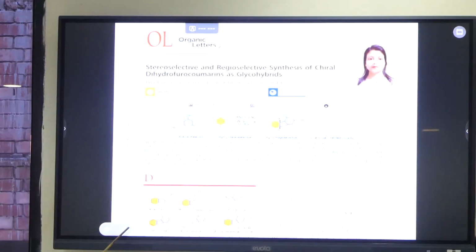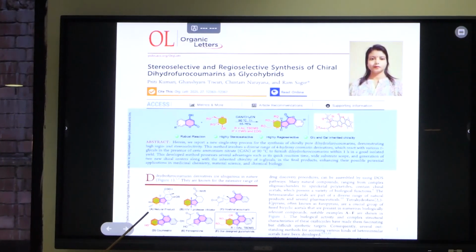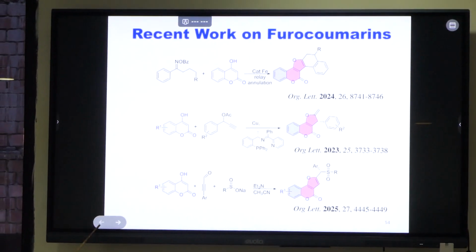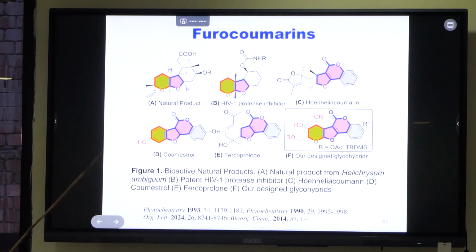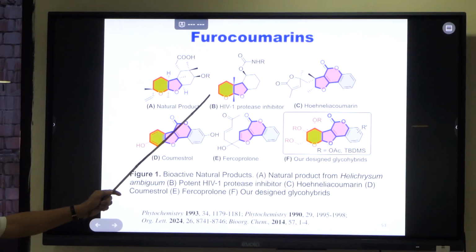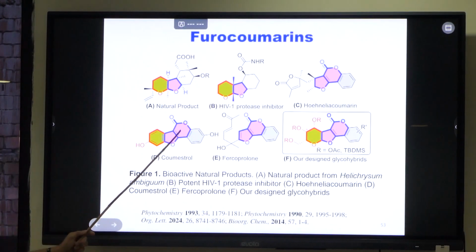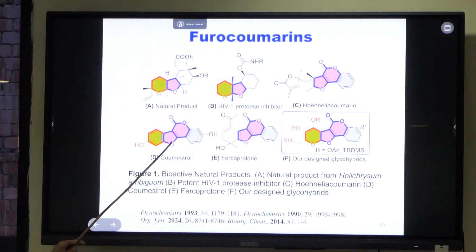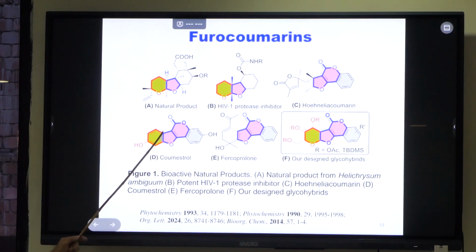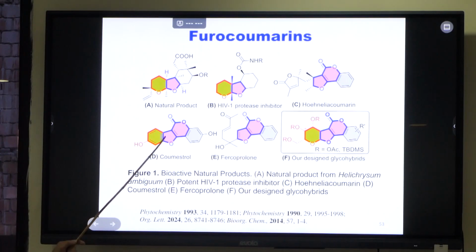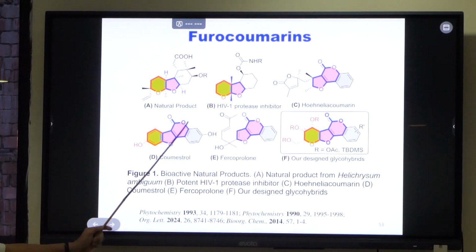And the last one is by Preeti, and she has made furocoumarins. And why furocoumarins? Because they are an important class of molecules. You see the different colors, blue, green and pink. This furocoumarin part, the blue part, the furo, is a 5-membered ring, and this is basically furopyran. And altogether, if you consider all of this, this is furocoumarin.